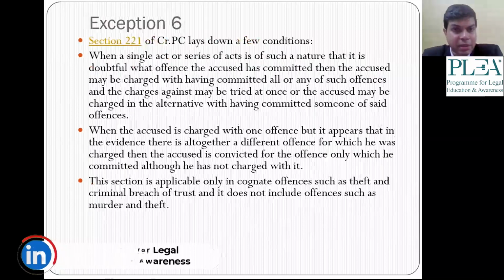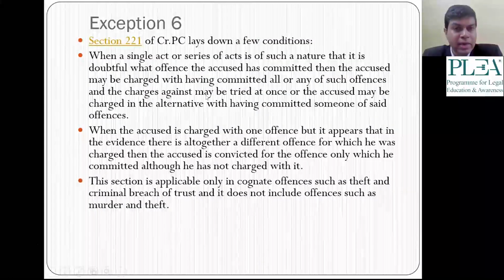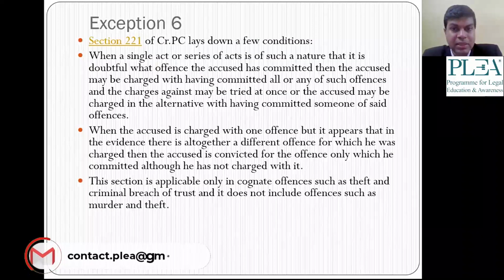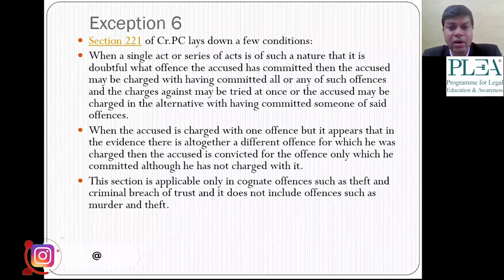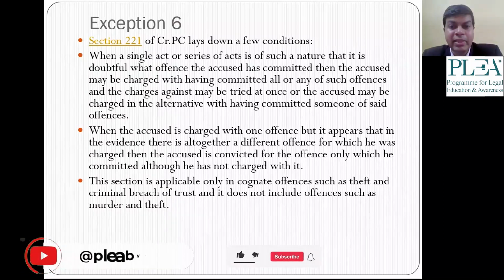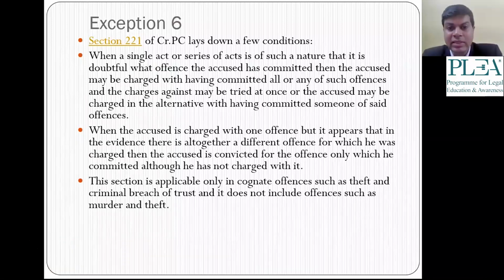Okay, that is exception number 6. Under section 221 of CrPC, it lays down a few conditions: when a single act or a series of acts is of such a nature that it is doubtful which offense the accused has committed, then the accused may be charged with having committed all or any of such offenses, and the charges may be tried at once, or the accused may be charged in the alternative with having committed one of the said offenses.